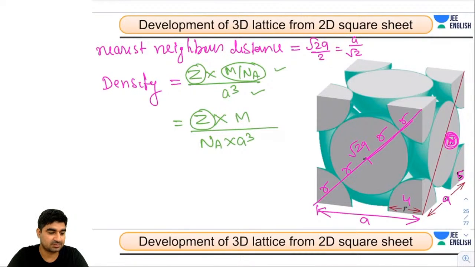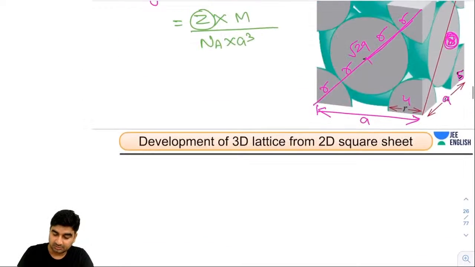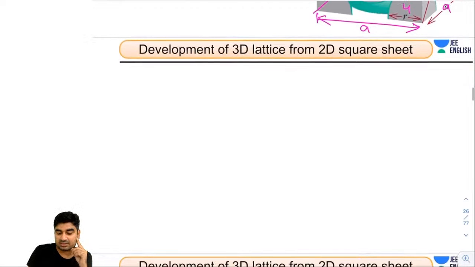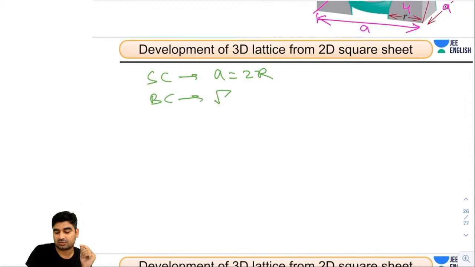Yes, tell me, guys. You got it? So now I'm moving ahead. Any doubt, please ask. No doubt. So we have done everything about face centered. So the relationship for simple cubic is a equal to 2r, for body centered it is root 3 a equal to 4r, and for face centered it will be root 2 a equal to 4r.